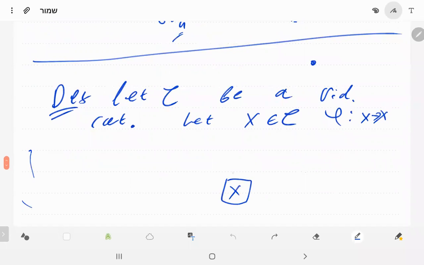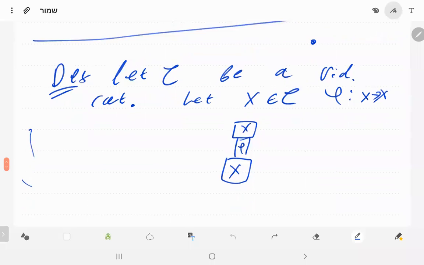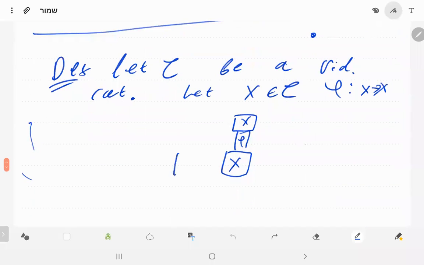So you have this x, and you have this phi, and you have this x. So it's a map from x to x. But you can have different kinds of things. So for example, you can have here x star, and you have here the co-unit, which is a map from identity to x times x star. And you have here the unit, which is a map from x star times x to identity.